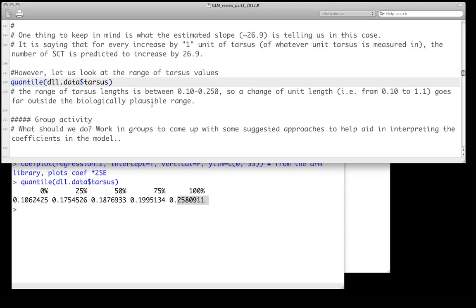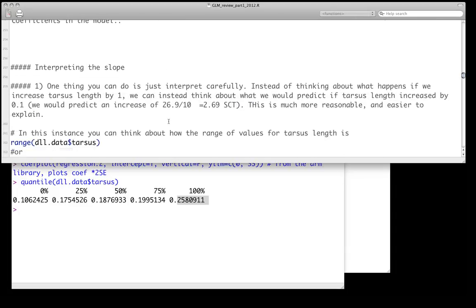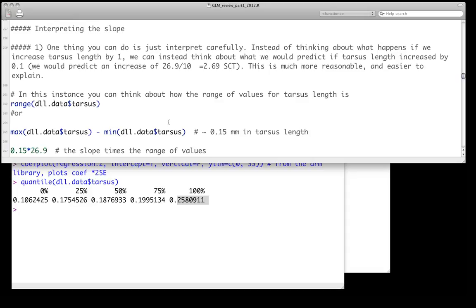So one of the things to do, and we'll spend some time thinking about this in class as well, though we'll go through a quick activity here, is how do we aid in interpreting the coefficients in the model? And there's a couple of very straightforward things we can do. The first thing we can do is just interpret very carefully. Instead of saying let's think about what would happen if we increase by unit length, we can say what happens to sex-comb teeth if we increase Tarsus by 1/10 of a unit length, of 0.1.